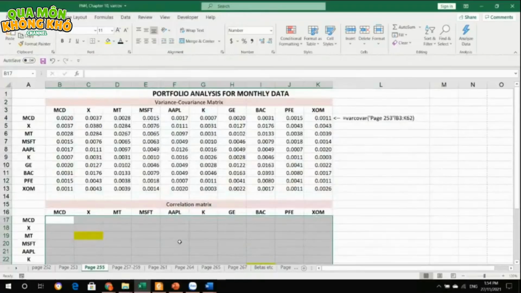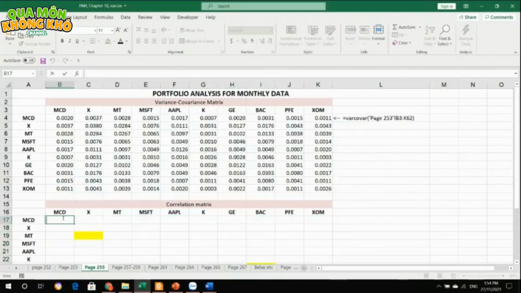You already studied this formula in financial investment. I actually forgot this. Sorry. Okay, you have the correlation between A and B equals the covariance between A and B divided by standard deviation A multiplied by standard deviation B. Remember that?